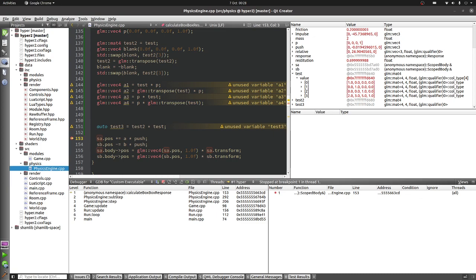See, I would have assumed that calling a matrix inverse is pretty costly. Maybe it is, maybe it's not.